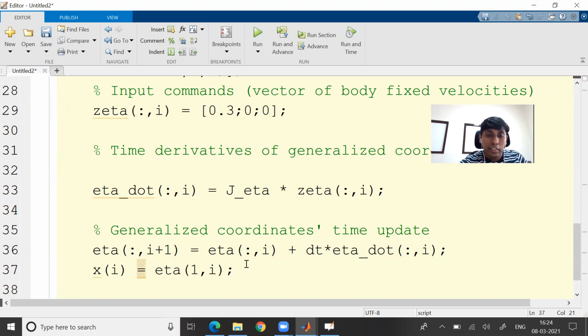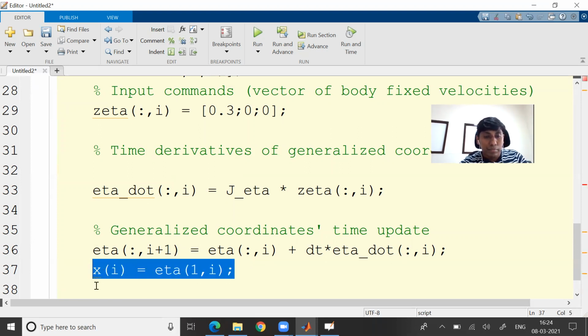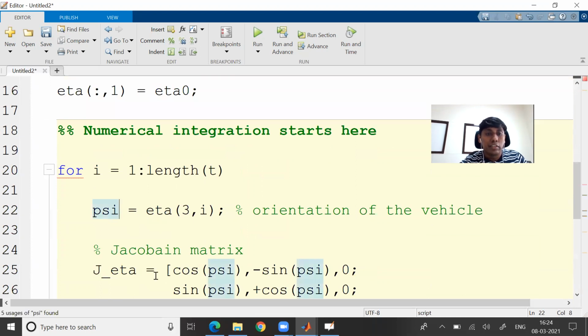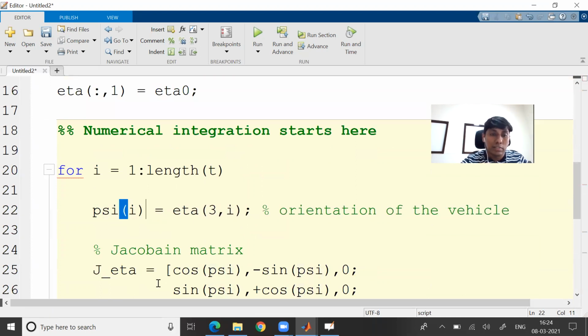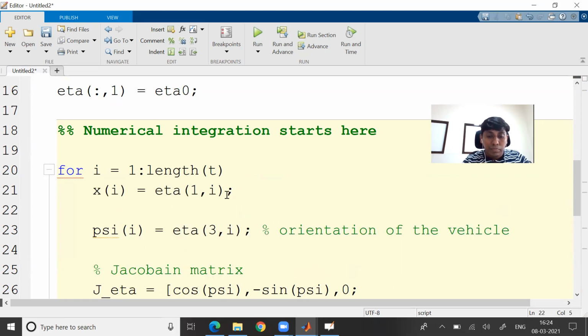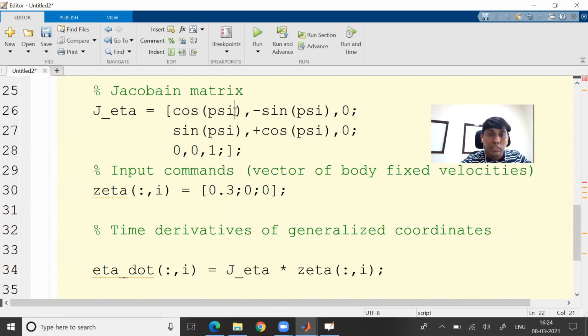Probably I'll just take it here. So then this is psi of i. I'm just making it so that I can plot in the easiest way.